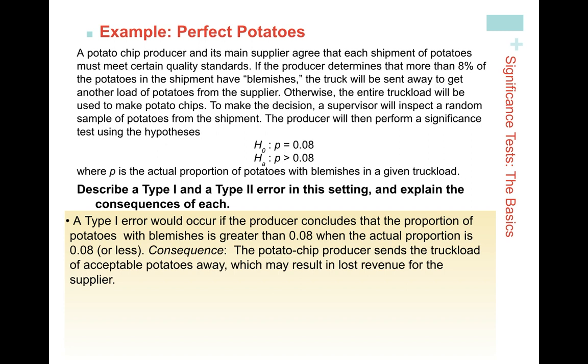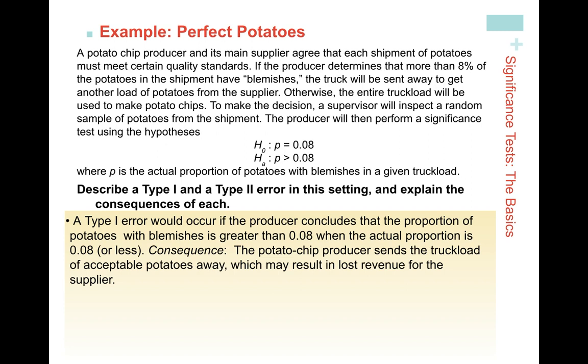What's the consequence of that? Well, this potato chip producer incorrectly rejected the null in favor of the HA. So the potatoes in the truck were actually good. They were good enough, they met the standard, but this potato chip manufacturer sent the entire truckload away. Well, what's going to happen?